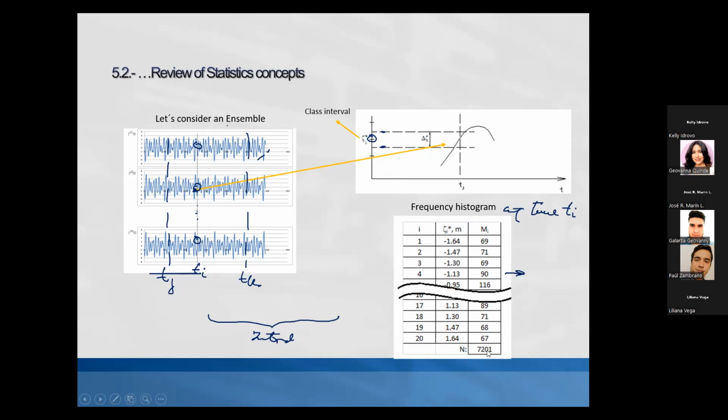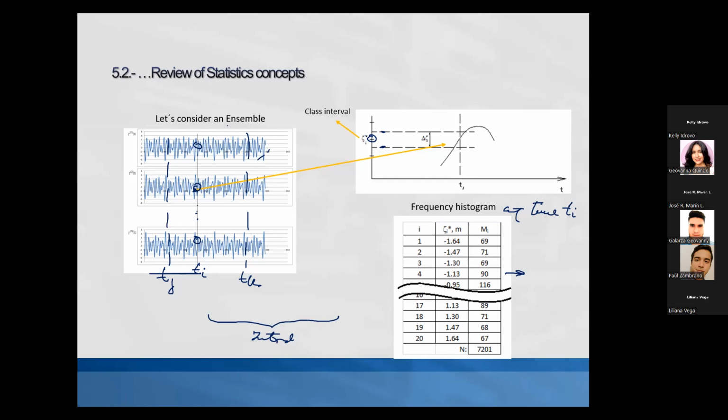So we have a total of 7,201 time registers. This is a very large number of registers, and we need to do something in order to avoid having to do such a large number of measurements.